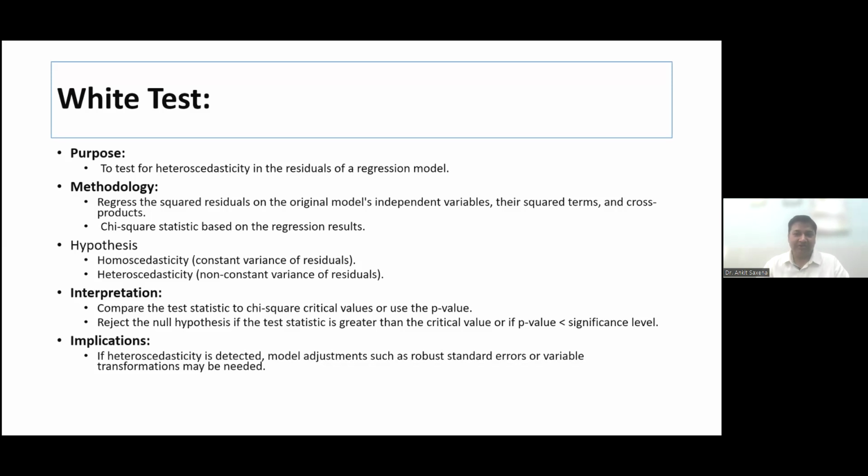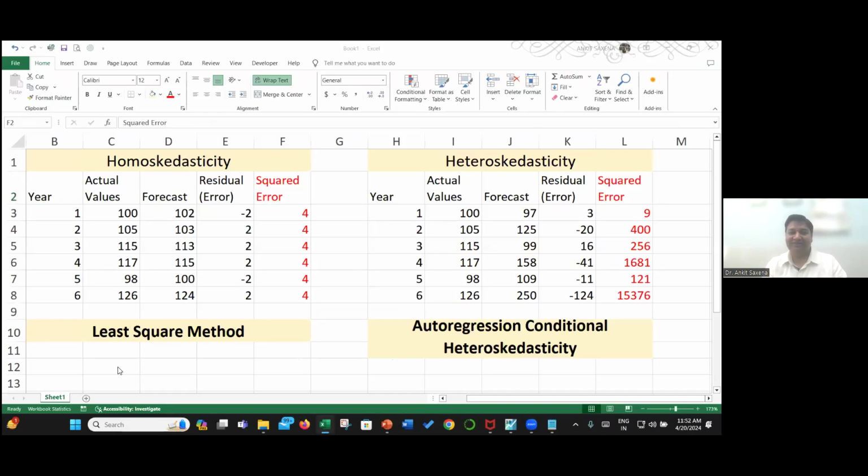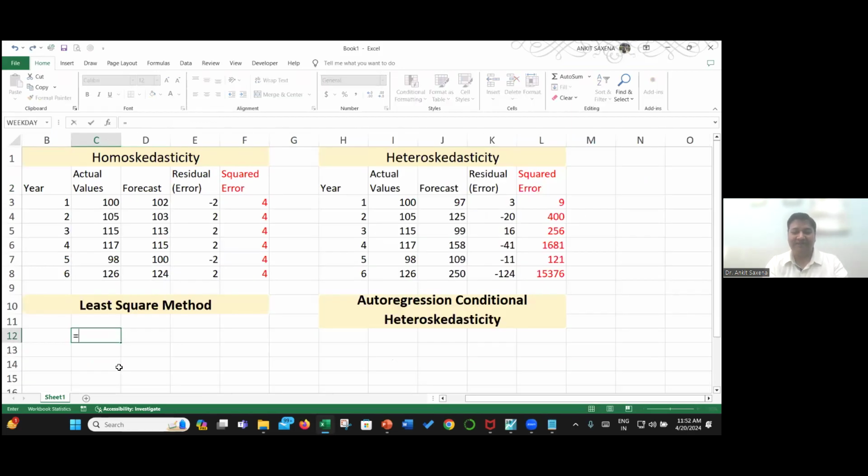Let me tell you, I normally play one game in my class. I give them a problem like this: you have this data, you develop a regression model, and it's a very simple thing. I can simply calculate the intercept and slope here. These are my y's and these are my x's.